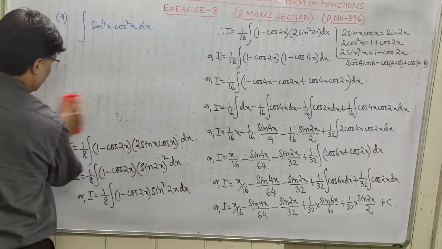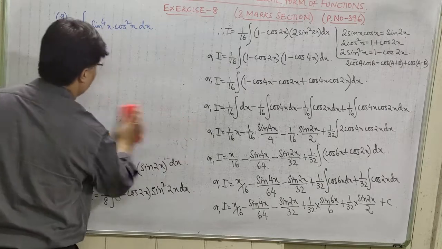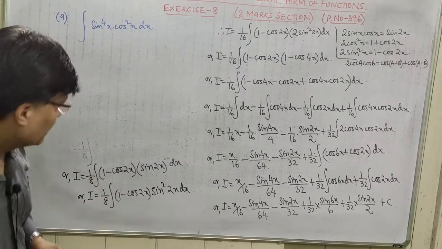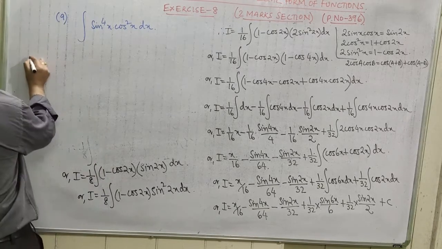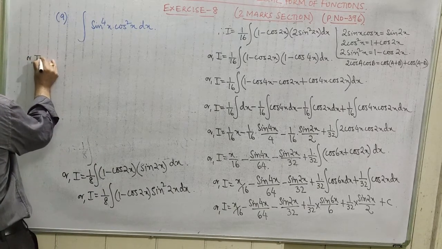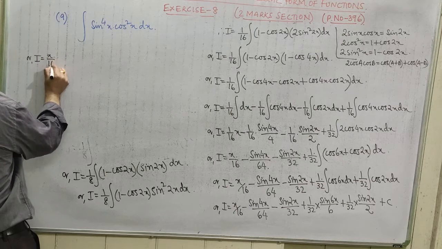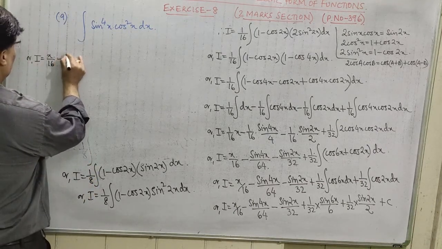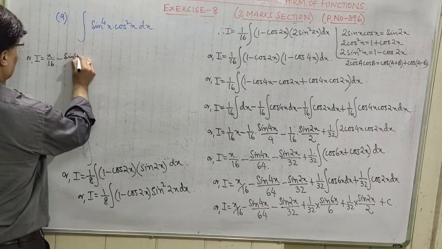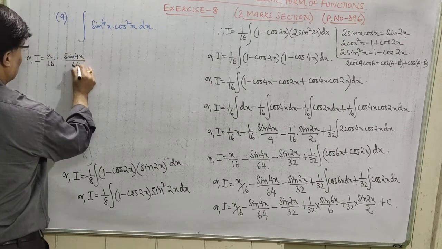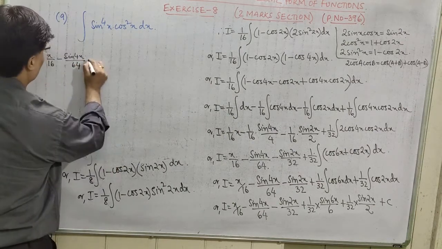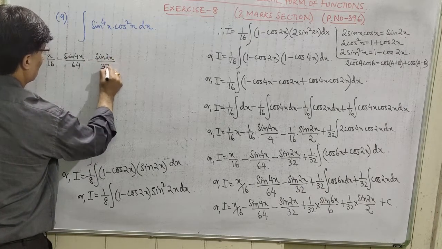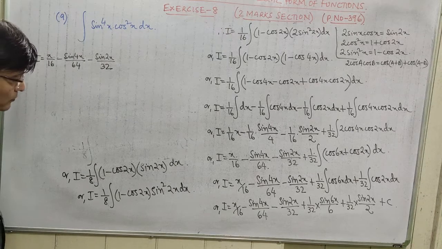So let us simplify it further now. I is equal to x by 16, and then minus sine 4x by 64, what is the third term? Minus sine 2x by 32, right?